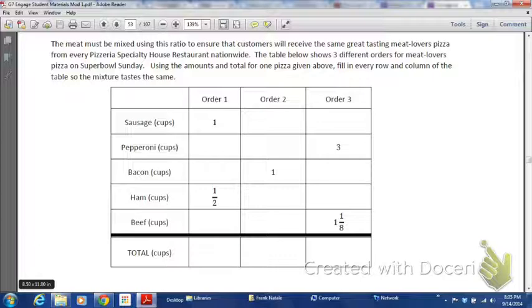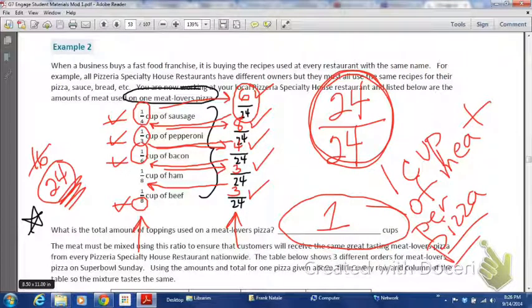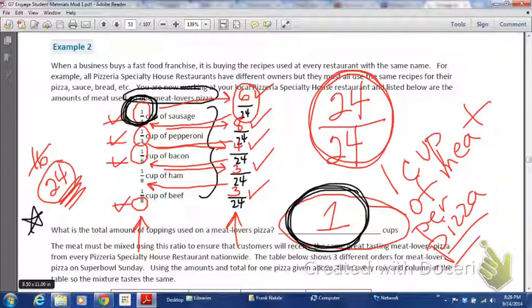Okay, so we're going to need to look at this again here. So let's always remember now, each Meat Lovers yummy delicious pizza has 1 cup of meat, and 1/4 of that cup is sausage. Let's start there.